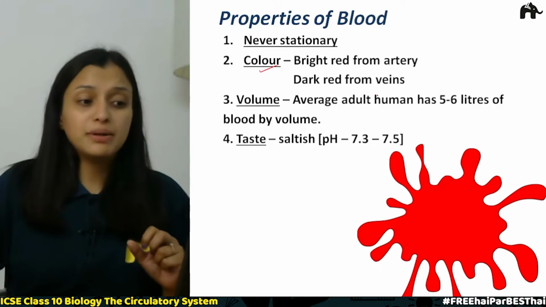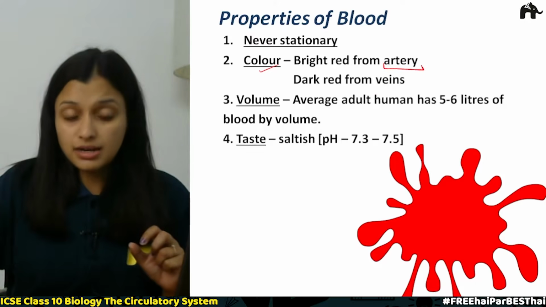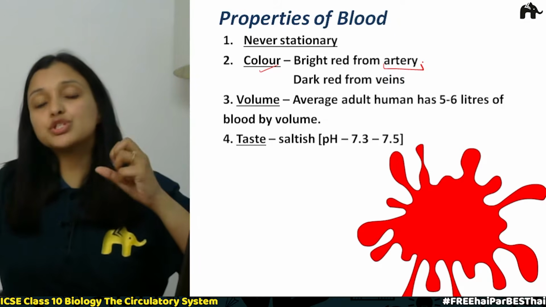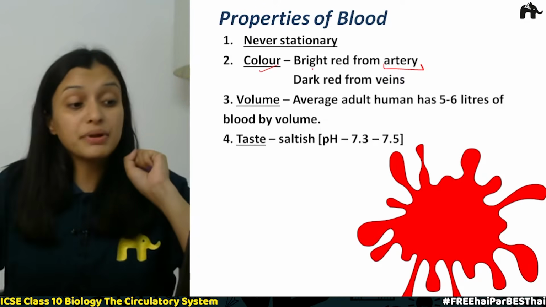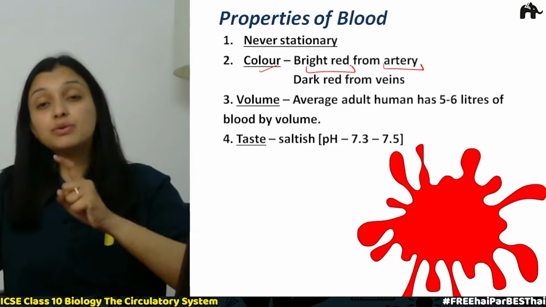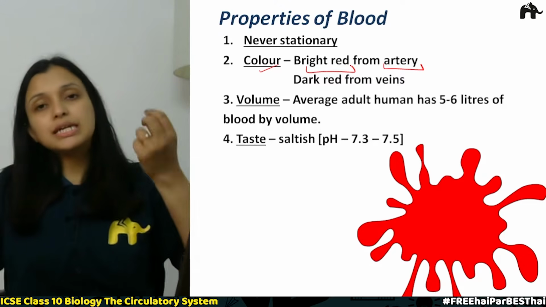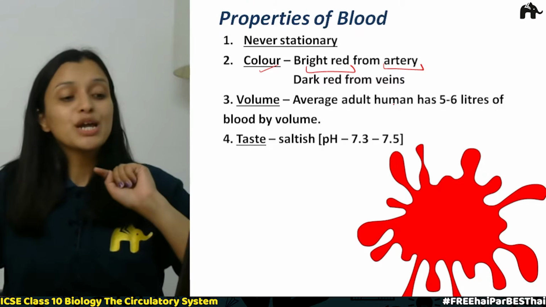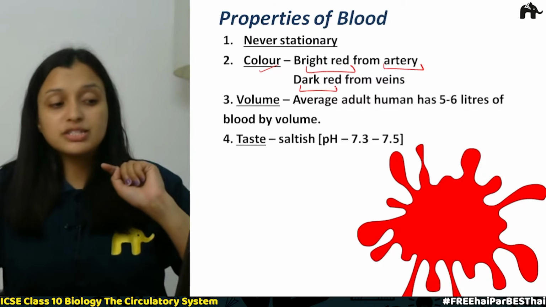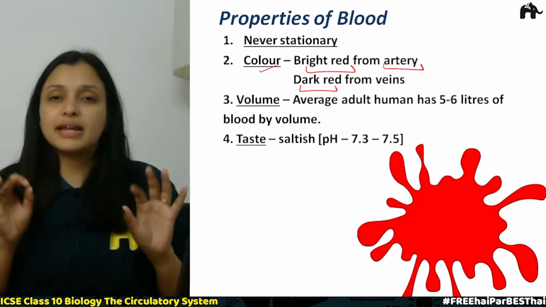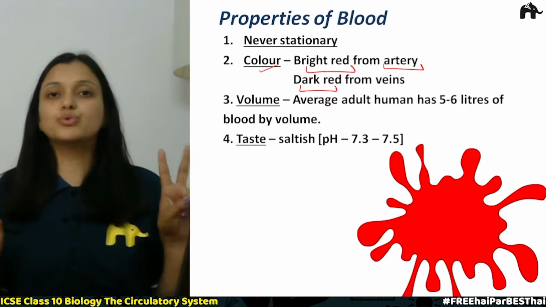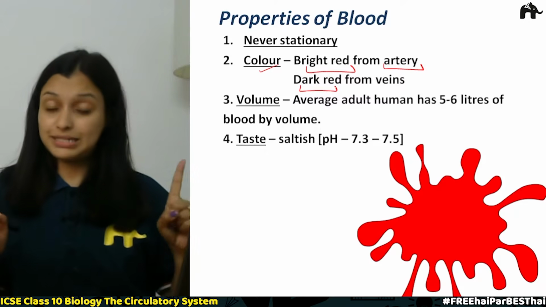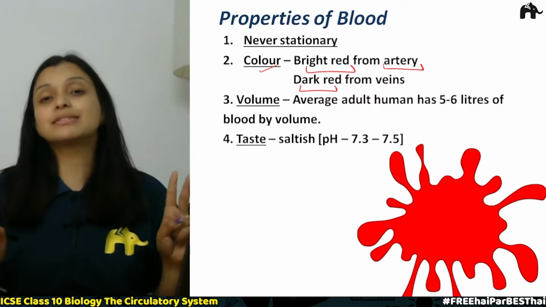The blood which is flowing in the arteries, or you can say the blood which is oxygen rich, is bright red in color, and the blood which is in veins, mostly the deoxygenated blood, there are exceptions that we'll study, that deoxygenated blood is dark red in color. Correct? So there are two colors, bright red and dark red. Bright red when the blood is in arteries, and dark red when the blood is in veins.